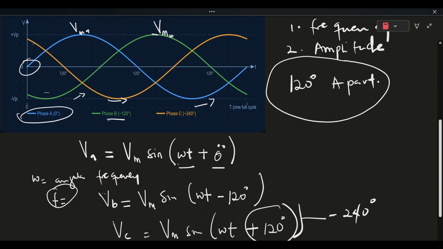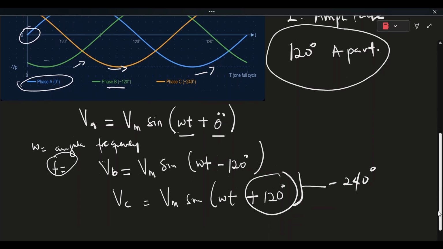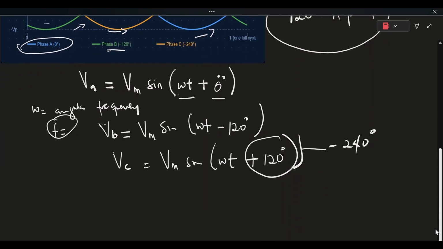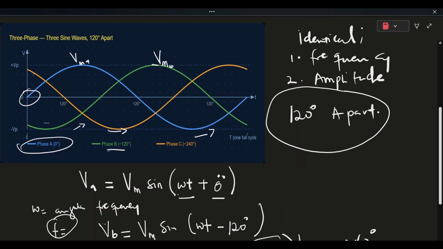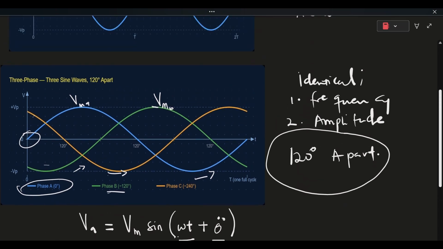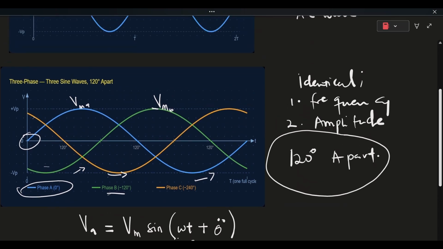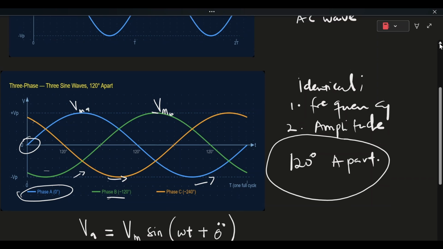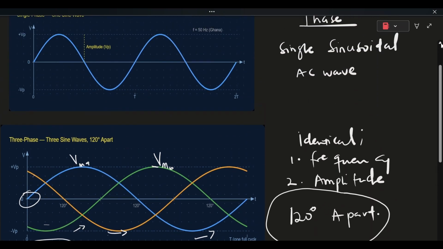Basically, the most important thing is that each phase has to be separated by an angle of 120 degrees. Phase A was our reference, having an angle of 0 degrees. Phase B had an angle of minus 120 degrees, a decrease, and phase C an increasing angle, positive 120 degrees.